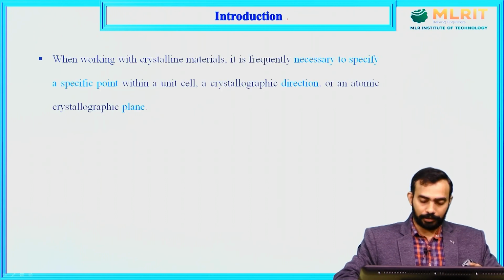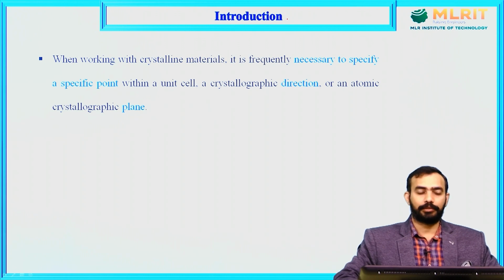In the last class we discussed various crystal structures and the calculation of APF factors for those crystal structures. Crystal structures like simple cubic, body centered cubic, face centered cubic, and HCP, hexagonal close packed structures.